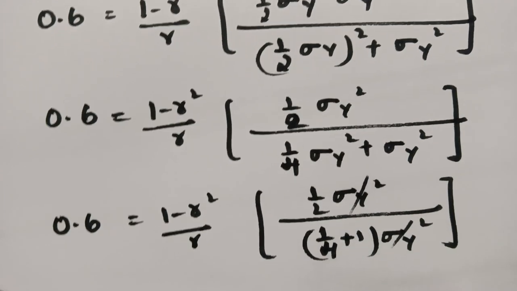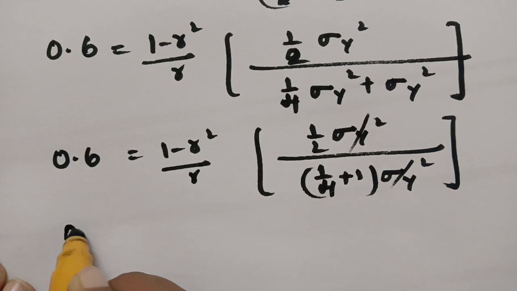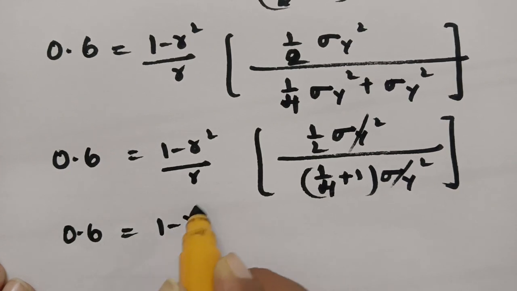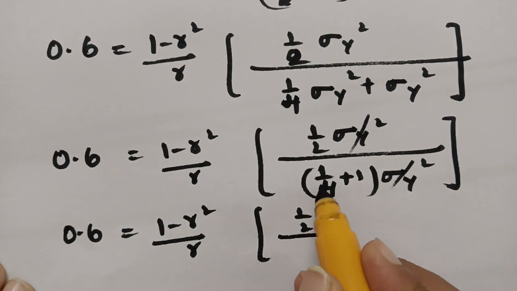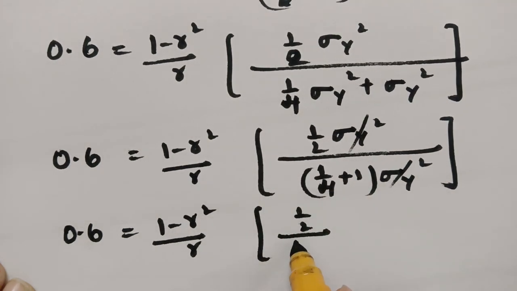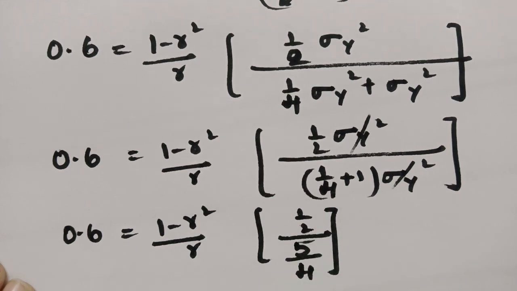If I cancel this, then 0.6 is equal to (1 minus r square) by r into half by, 4 plus 1, so this value will be 5 by 4.